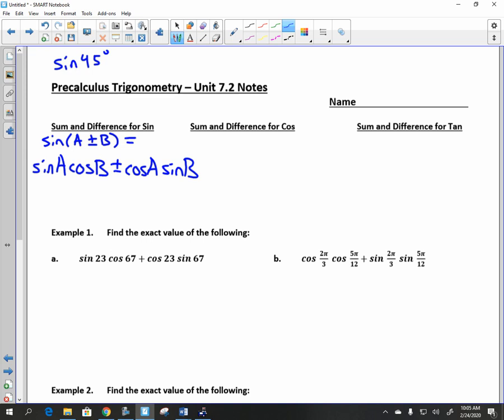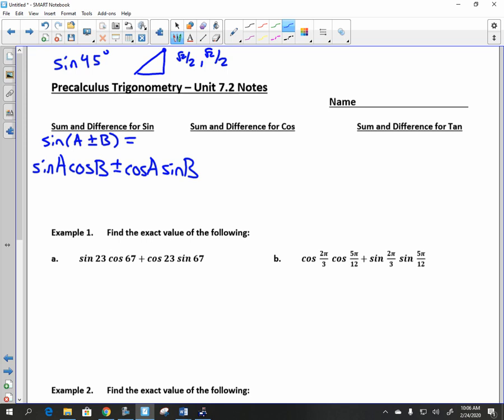So 45 degrees is pi over 4. But for the sine, you have to think of the terminal point. The terminal point of pi over 4, or 45 degrees, is root 2 over 2, root 2 over 2. Sine is the y value. So sine of 45 is root 2 over 2.